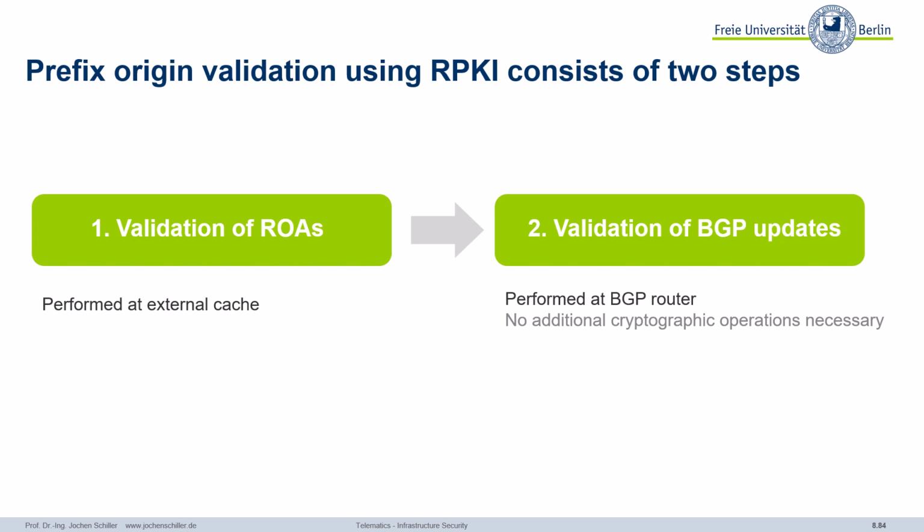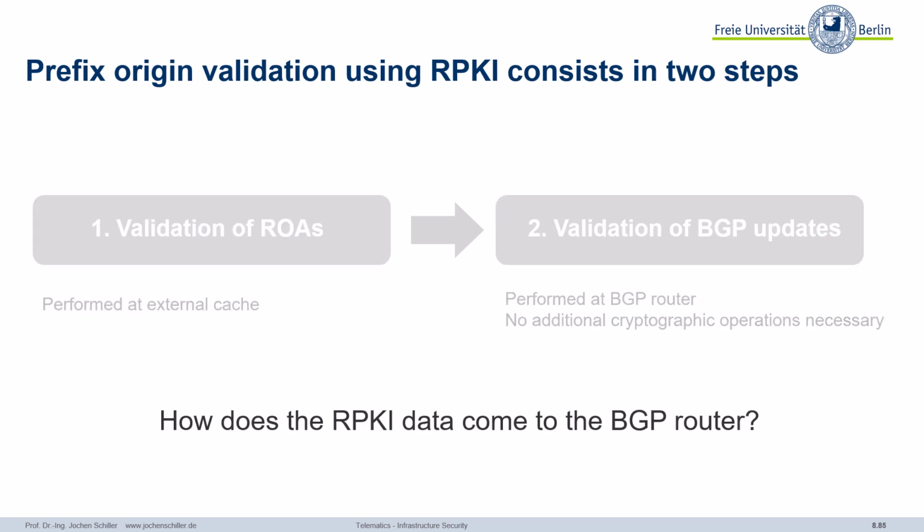So the RPKI data has to come to the router, and the router then performs the validation of the updates without any complex additional cryptographic operations. But if you have this 2-layered architecture with one doing this validation, then you have to transfer this result of validation to the routers, and there's the question of how.